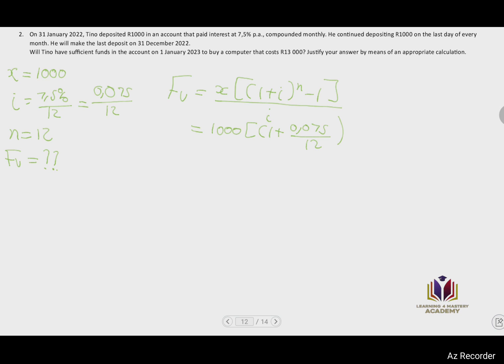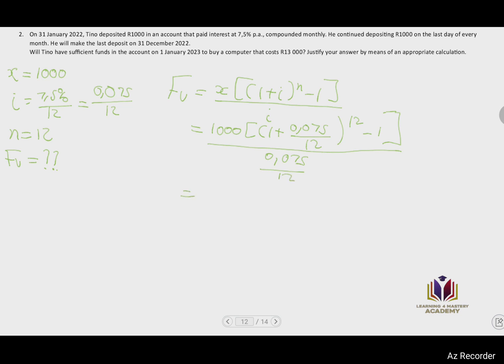Our n, they said compounded monthly, so it's going to be the 12 from Jan to December. 12, correct, minus 1 close bracket all over 0.075 over 12 equals to.